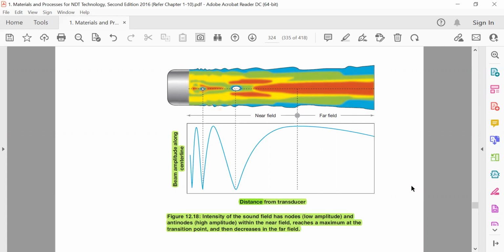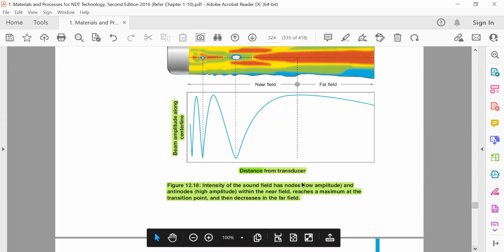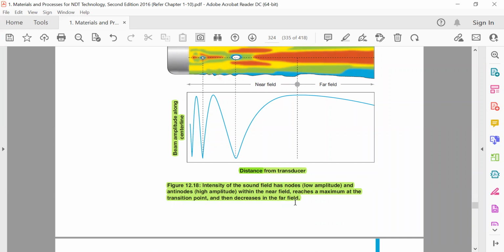So there is high amplitude also and low amplitude also. It reaches a maximum at the transition point and then decreases in the far field.